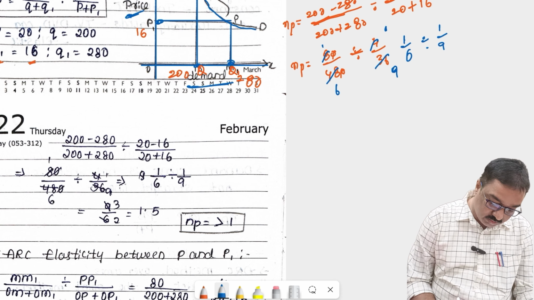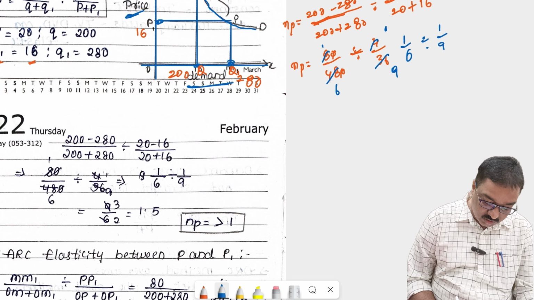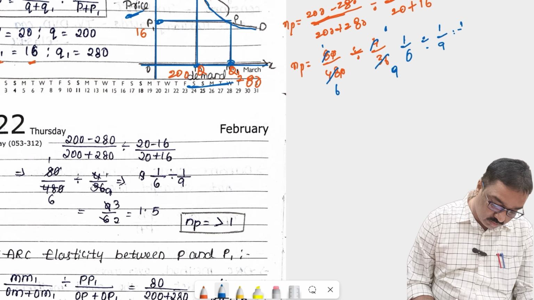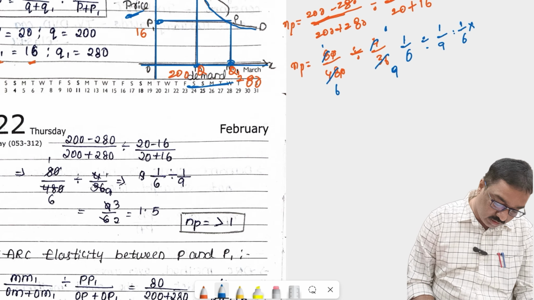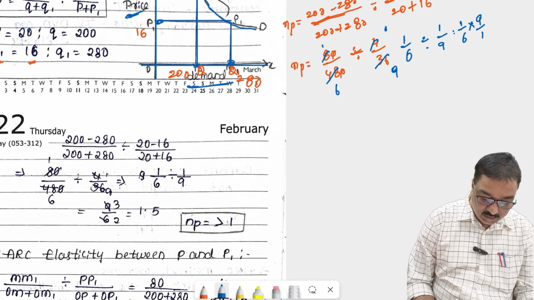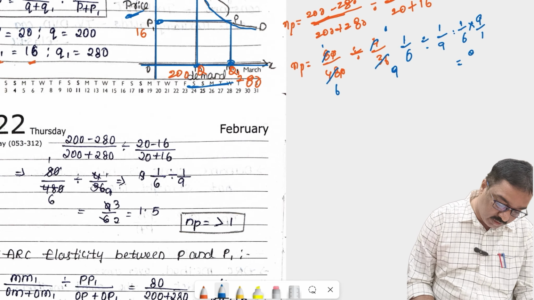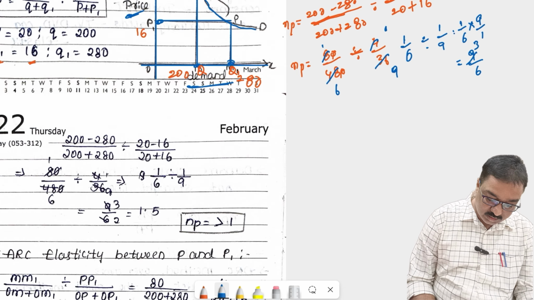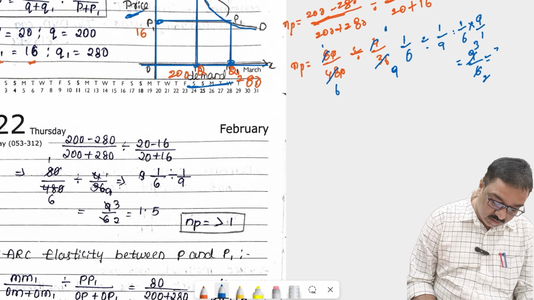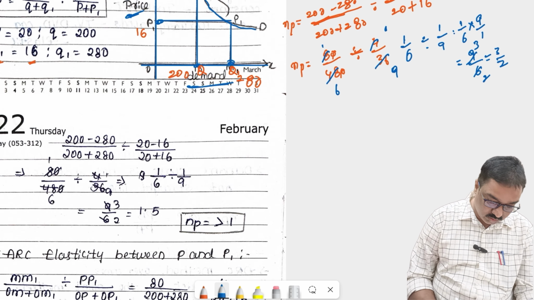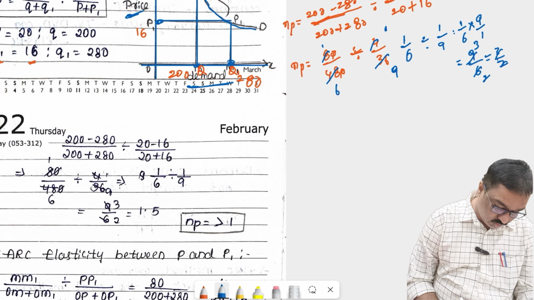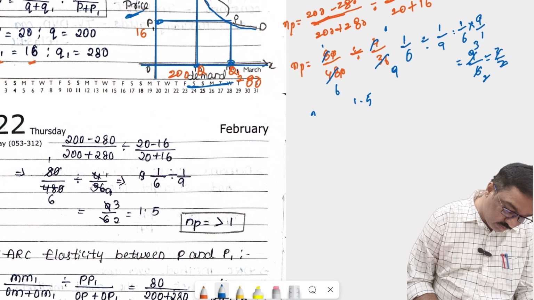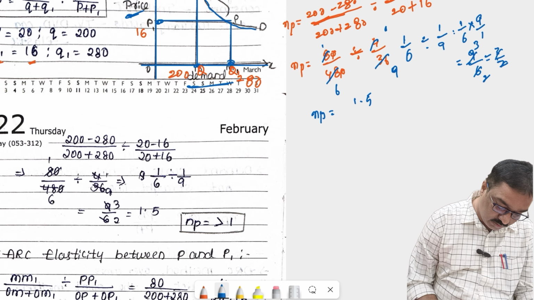Since it is divided, we do cross multiplication: 1 by 6 into 9 by 1, which means 9 by 6, which is 3 by 2. If you divide 3 by 2, that is 1.5. Ep is equal to 1.5.